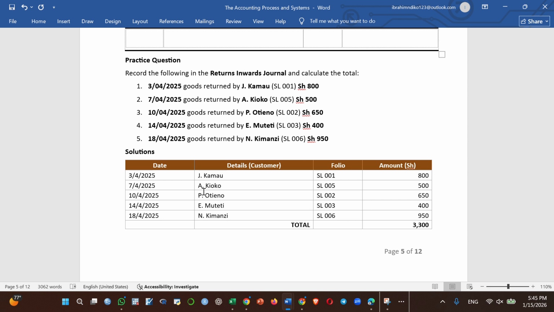Now, record the following in the return inwards journal and calculate the total. So on 3rd of April 2025, goods returned by J. Kamau.